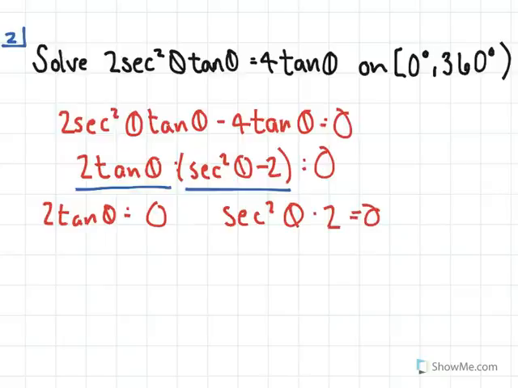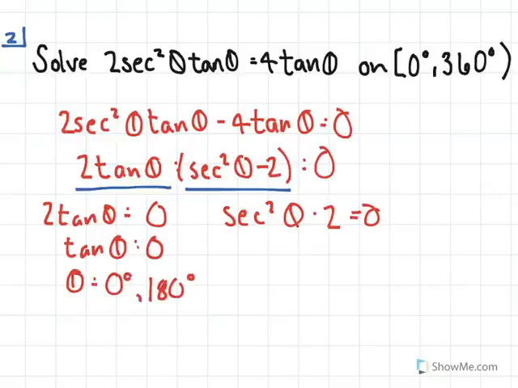If 2 tangent of theta equals 0, then we know that plain tangent of theta must be equal to 0, and that's going to happen at theta equals 0 degrees and at 180 degrees. And then here, secant theta minus 2 equals 0, so secant theta equals 2, and then secant theta equals positive or negative root 2.